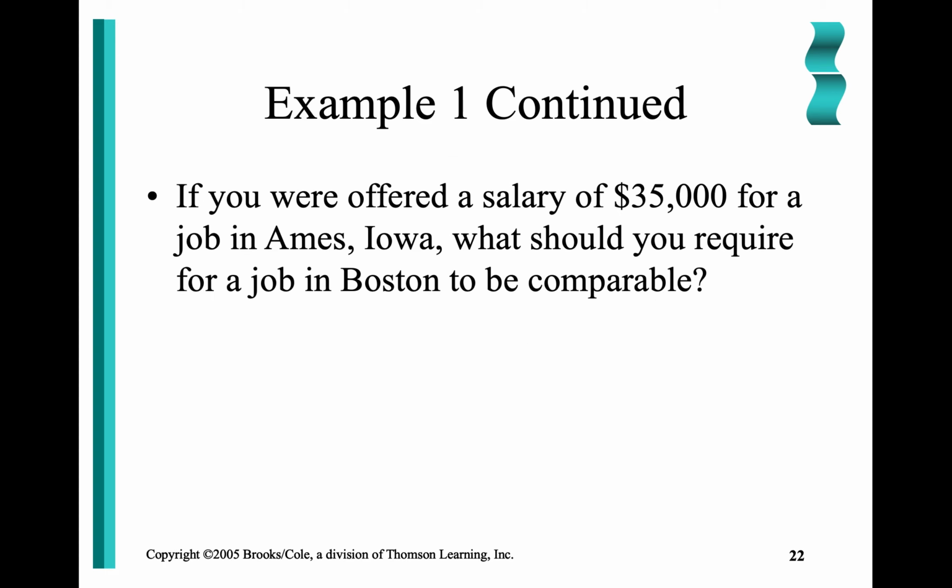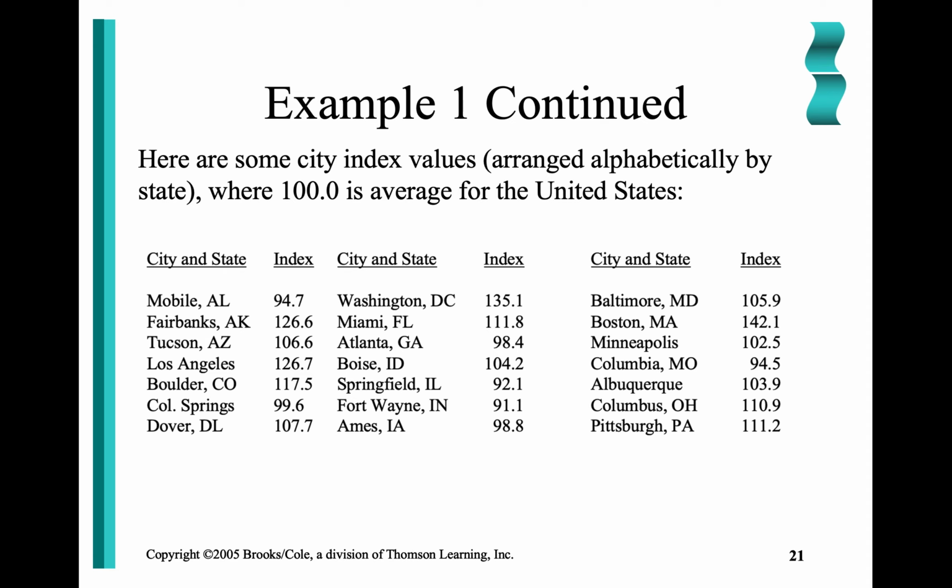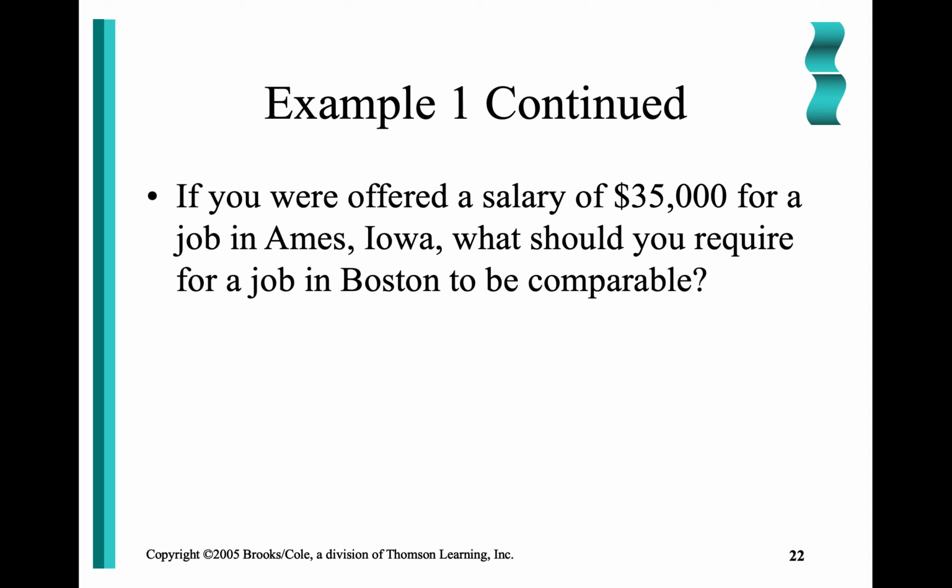So how would I find the comparable salary? Well, just like we did previously, we'd want to first find the ratio of our indices. So the index for Boston divided by the index for Ames, Iowa. And that's going to be the factor that we multiply our $35,000 salary by.